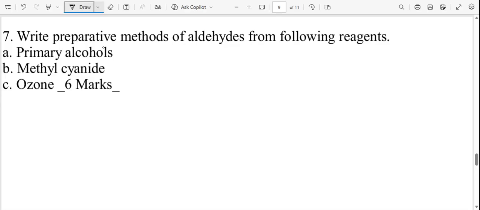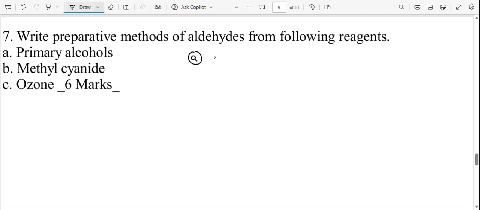Write a preparative method of aldehyde from the following reagents. So how do we prepare this? The first one is preparation from primary alcohols. From primary alcohols, we use oxidation with PCC.